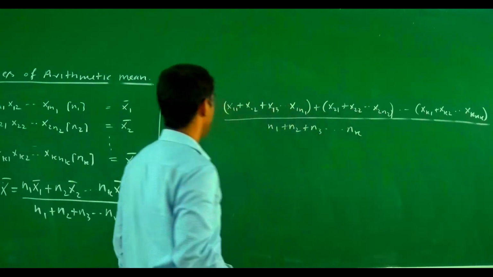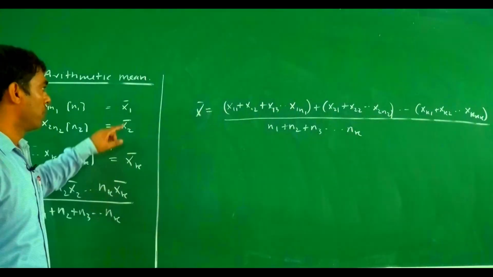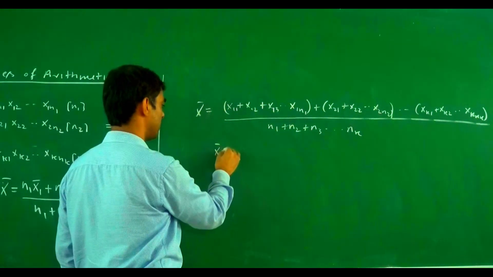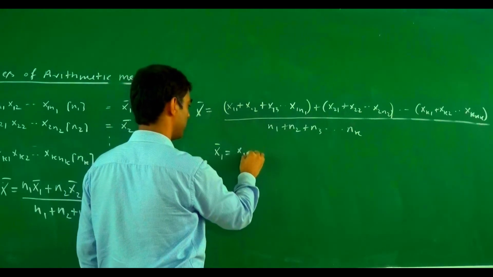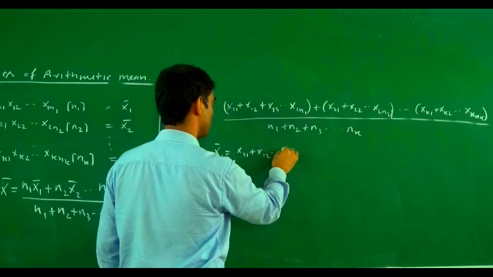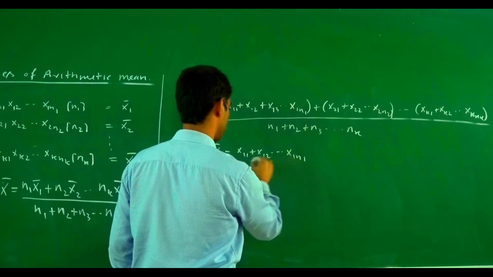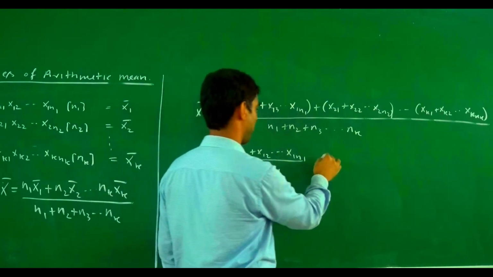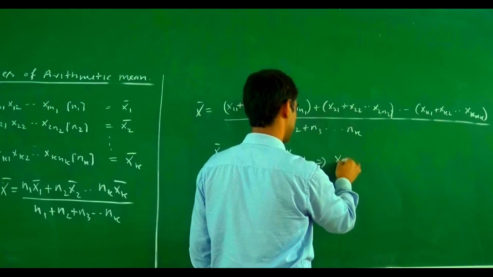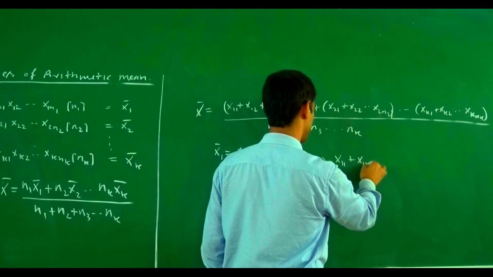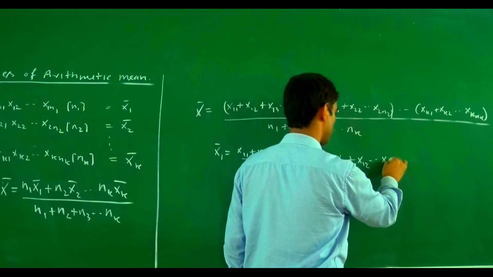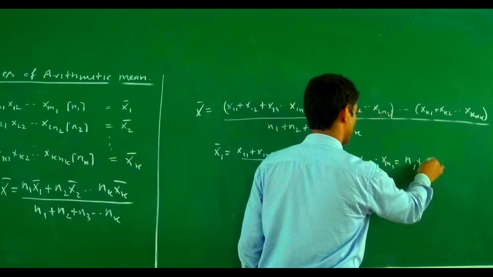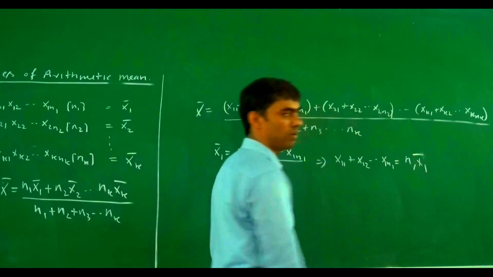Now what is the value of x1 bar? x1 bar equals x11 plus x12 up to x1n1, divided by n1. This implies that x11 plus x12 up to x1n1 equals n1 x1 bar.